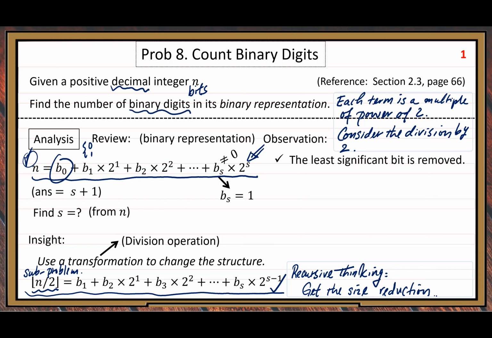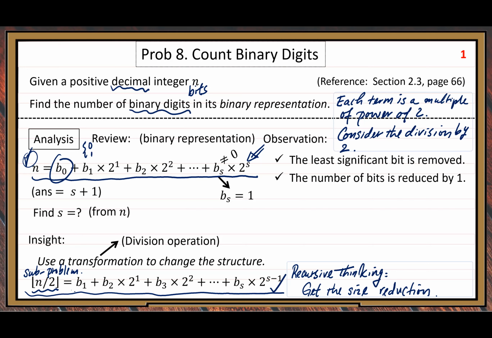First, the least significant bit is removed. B0, the least significant bit, after division by 2, is gone. It doesn't matter what value it has, 0 or 1, it is gone. That's the first observation. Second, the number of bits is reduced by 1.